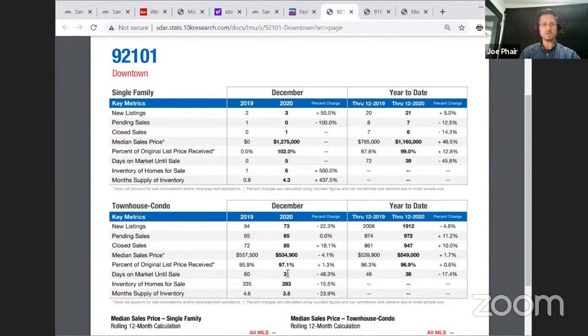The reason this is important is because when you're talking to a seller and you're in their house and they say, well, I hear everything's a seller's market and everything's selling quickly, you say, you're right, but we're in a bit of a different market here downtown. I sold a listing down there second quarter last year, and I had to set expectations with my client and just say, I know you've been hearing that this is a crazy seller's market, and it is, but here are the stats for downtown.